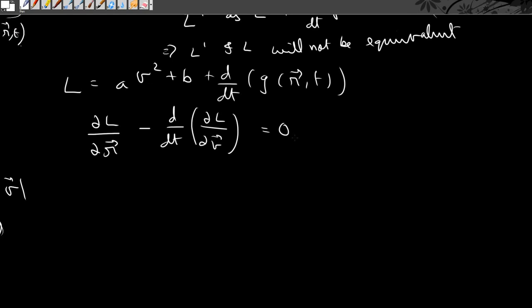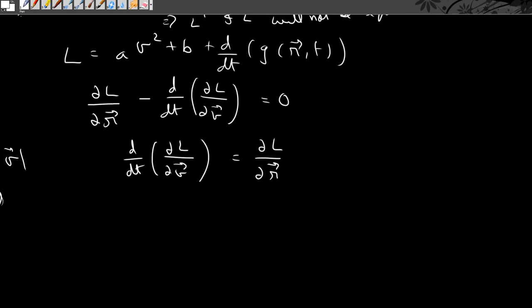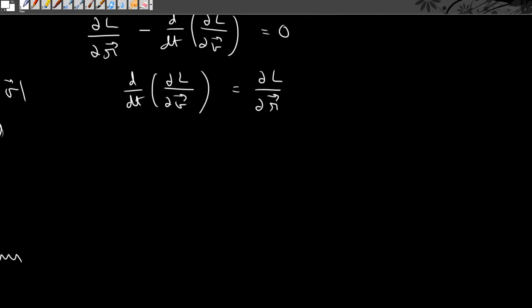This is the same as saying d by dt of dou L by dou v equals dou L by dou r, right? This should give us the equations of motion.